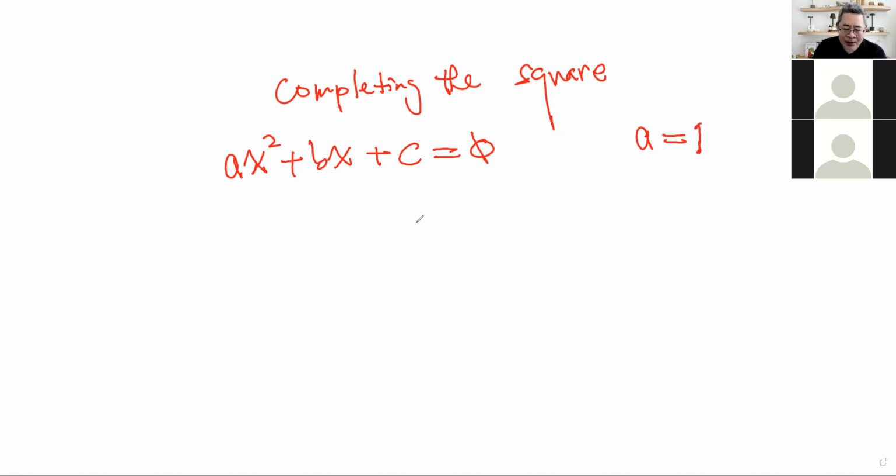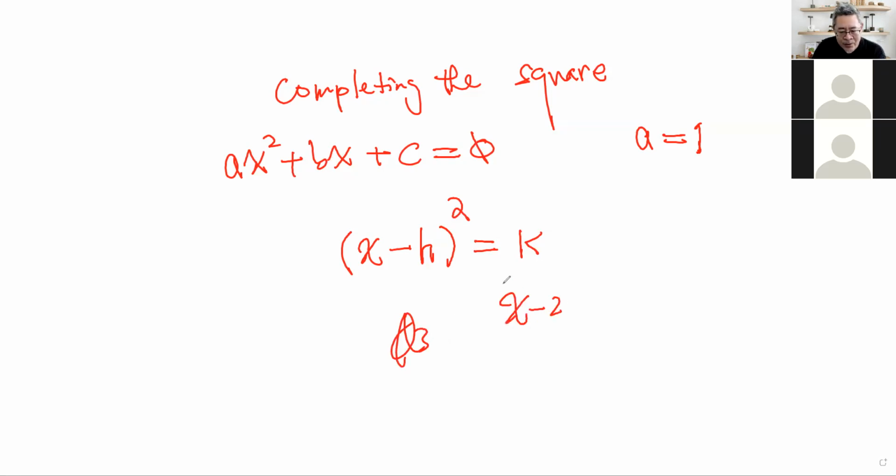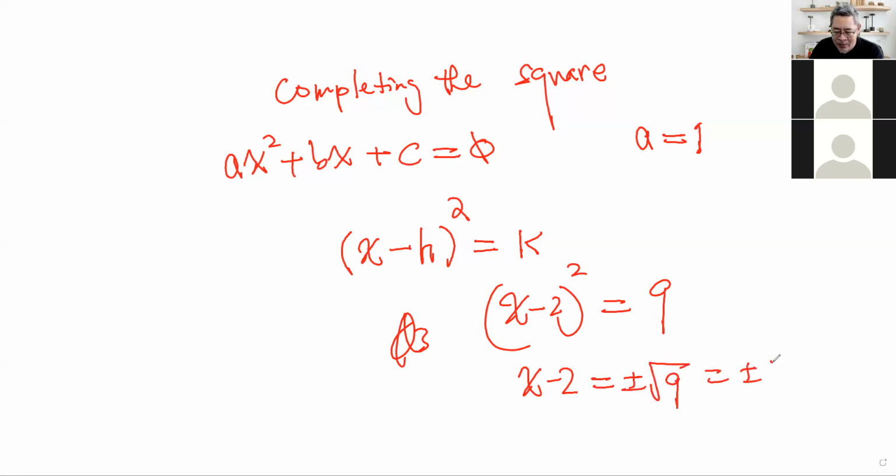Okay, so in this case, if we can somehow rewrite this as x minus a number squared equals another number, for example x minus 2 squared equals 9, then we can take the square root on both sides, and we have x minus 2 equals plus or minus the square root of 9, and that gave us plus or minus 3.